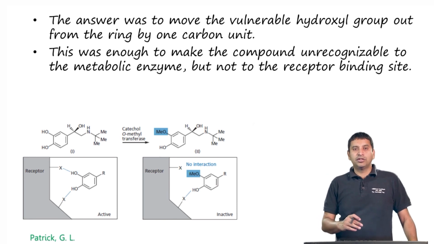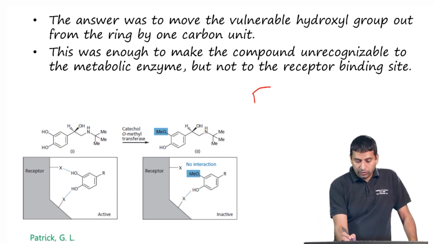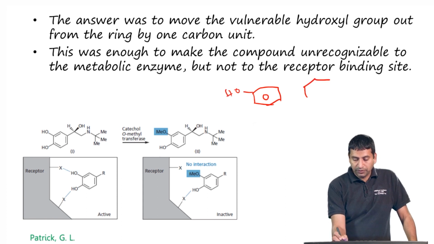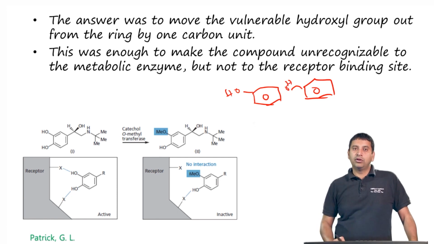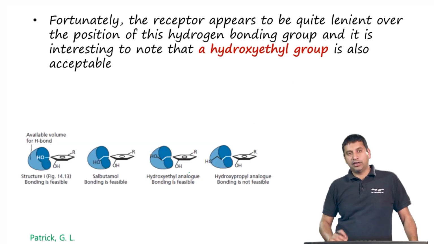So, once you convert a phenol to a benzyl alcohol, then you are making the molecule less susceptible to the metabolic enzyme, but the receptor binding site may still have activity, and thankfully the receptor appears to be quite lenient over the position of hydrogen bonding.